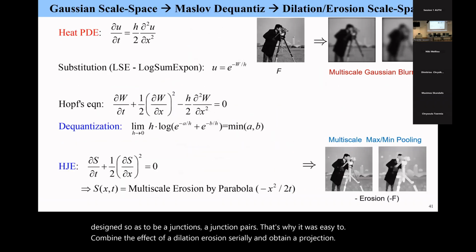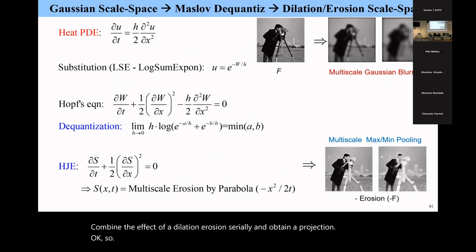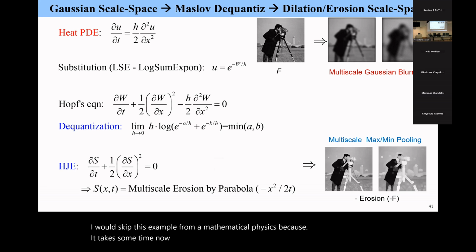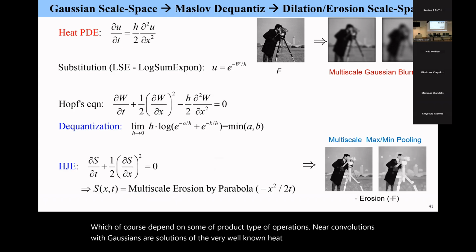Okay, so I would skip this example from mathematical physics because it takes some time now to analyze it. I will only mention its main idea that in computer vision, linear convolutions, which of course depend on sum of product type of operations, linear convolutions with Gaussians are solutions of the very well-known heat diffusion partial differential equation.